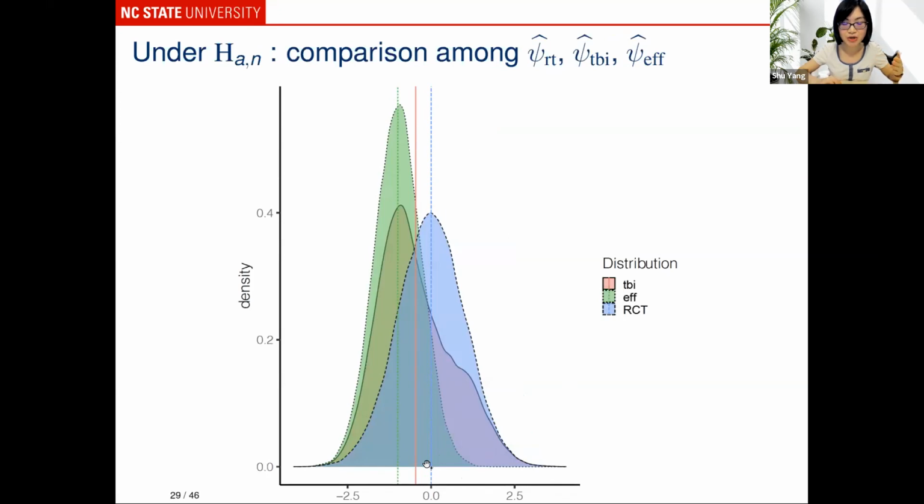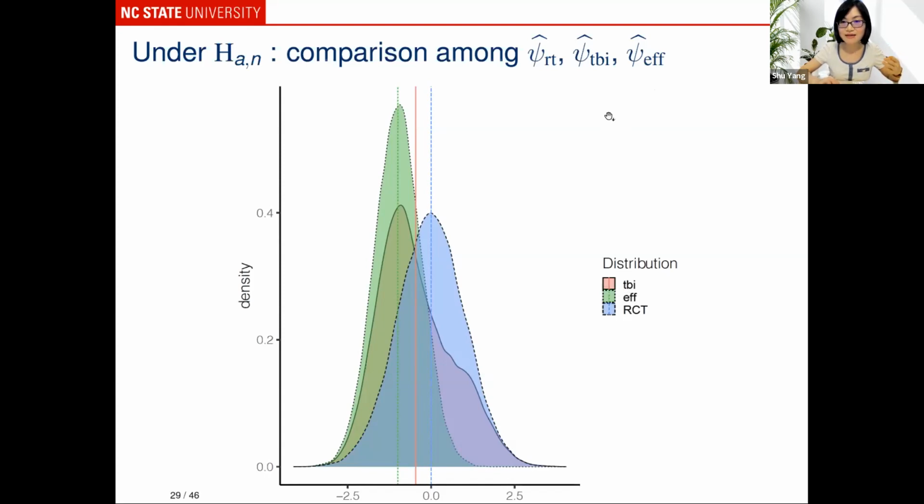That is the critical value for the test, right? Actually, by varying this critical value, the TBI estimator interpolates between the RCT estimator and the efficient estimator. We can consider 2 extreme scenarios. In one extreme scenario, we take the critical value to be very large. In that case, we always fail to reject the null hypothesis. So we always combine the RCT estimating equation and the RWD estimating equation for joint analysis, right?